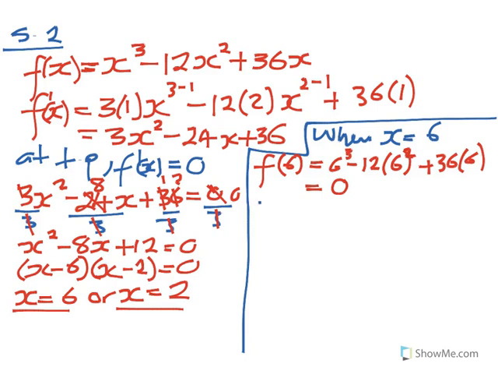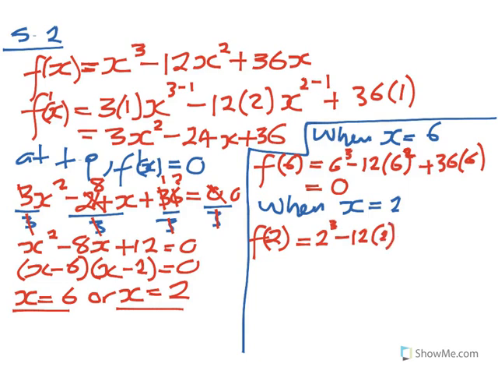Let's do the last one again. When x is equal to 2, now you're putting, instead of 6, f of 2 is equal to 2 cubed minus 12 times 2 squared plus 36 times 2. And when you do that, you'll get that y is equal to 32. Now let us look at the coordinates here.